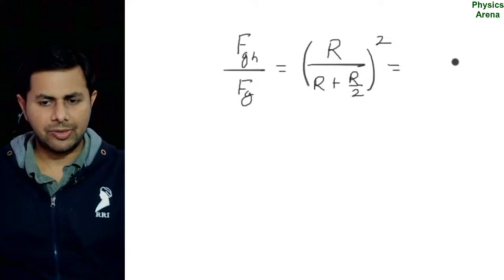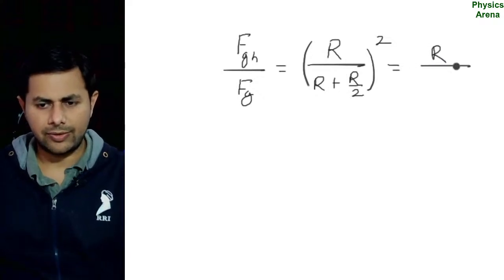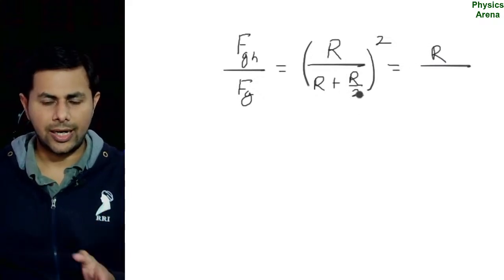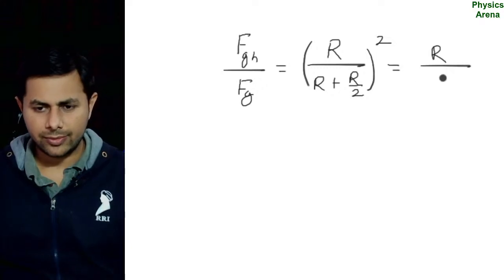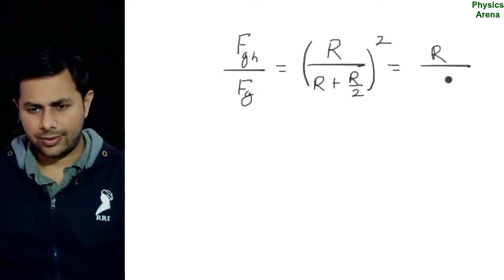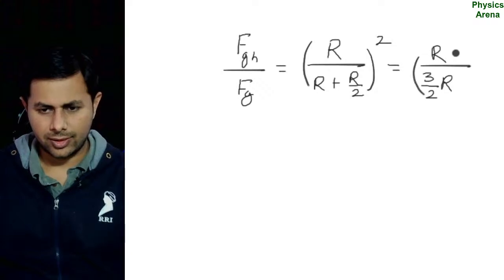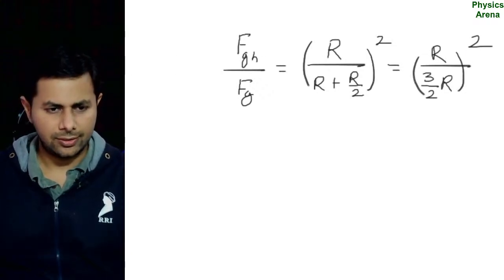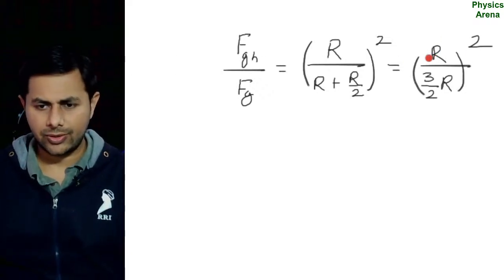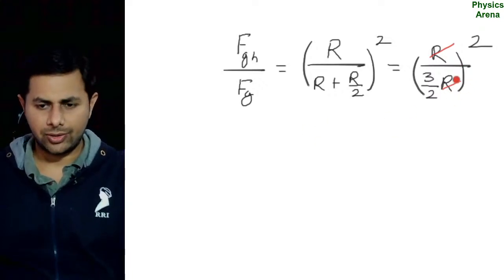So which can be written as r divided by, this is r plus r by 2, that is 3 by 2 r, and we have square of all this. Then again we can cancel out r and r from numerator and denominator.